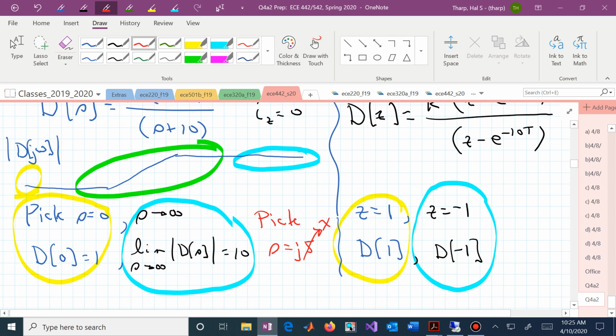Let's just say pick a frequency x, and then over here you would then be looking at z is equal to e to the j xt, and using that in your d of z expression.